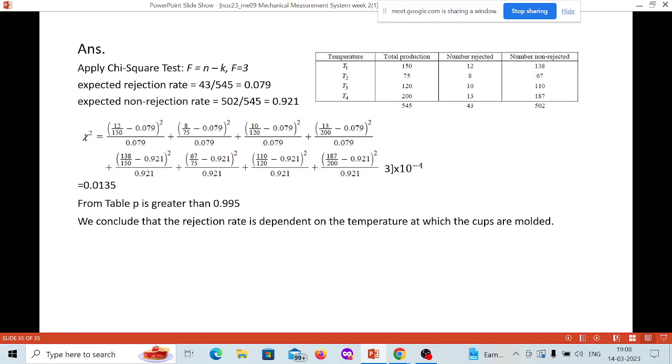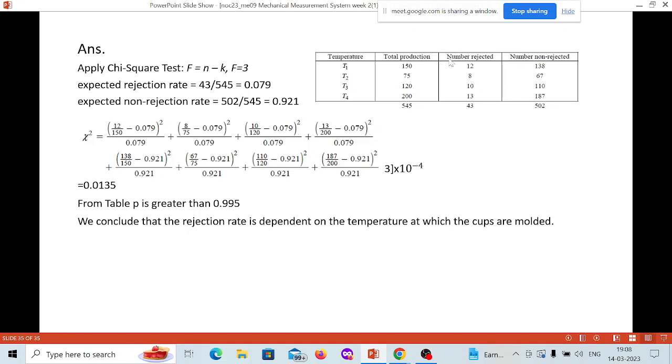We do a chi-square test, and the chi-square value is the summation of the actual observed value minus the expected value, the whole square, divided by the expected value. So you have the observed value is 12, so 12 by 150.